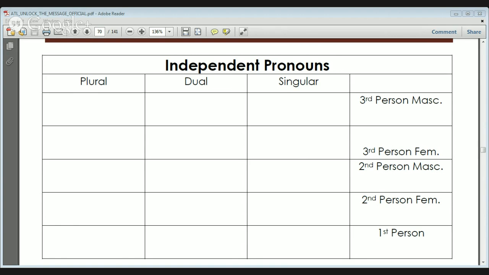Here we go. Oh, I'm looking for Surah Safat actually. That's what I was looking for. Sorry. Surah Safat. Okay.